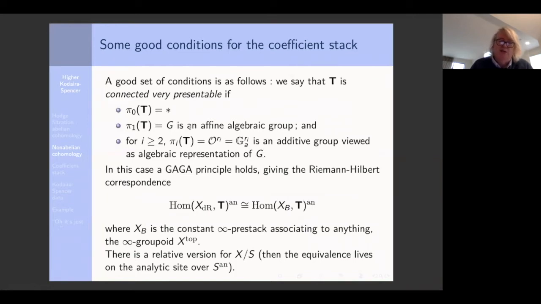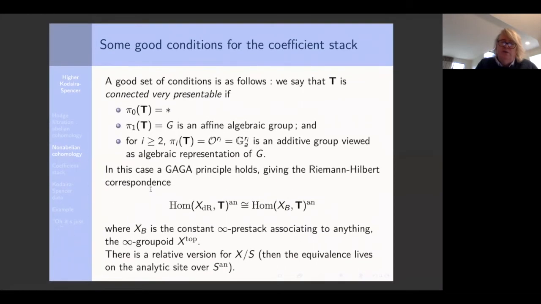I mean, if G as a sheaf of groups acts on G_a^r as a sheaf of groups, then that's going to be an algebraic representation. But so this part of the data is relatively simple. It just means we have a group and we have some vector spaces which are representations of the group, basically. There's just some connecting stuff. There are some classes that tell you how this stuff adds together, basically.